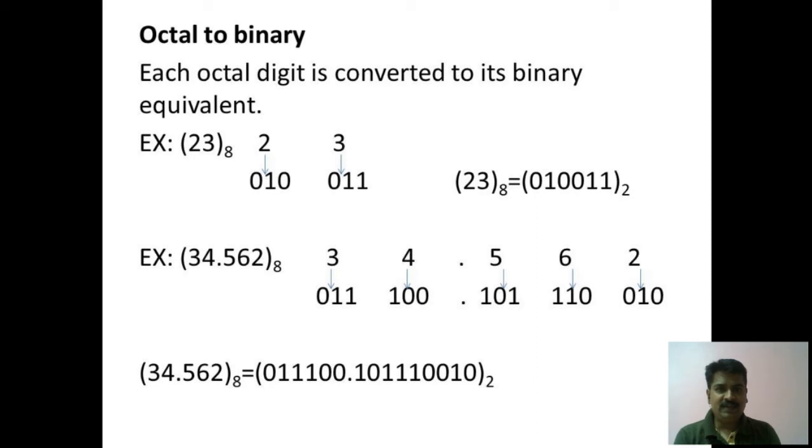That is the given octal number, 2 and 3. The first octal digit is 2. That has to be converted into binary equivalent. So for 2, the binary equivalent is 10. How will I get this 10? You divide successively by 2. It will give you the binary equivalent number. So the binary equivalent number for 2 is 10.